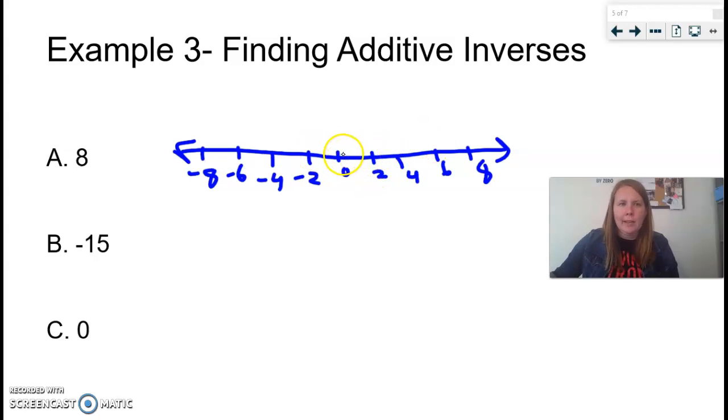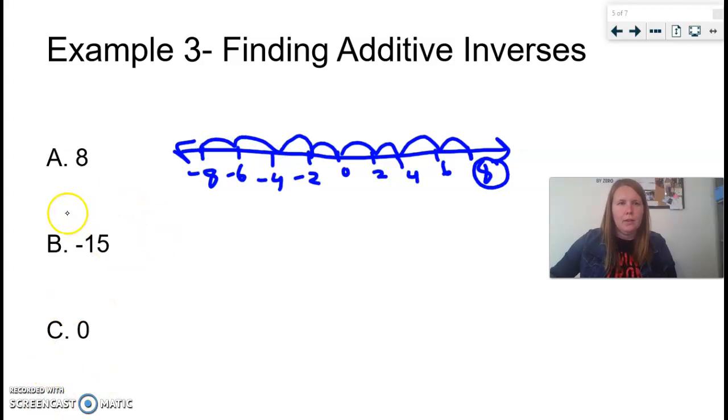Well, if I want to get to 8, which is 8 places away from 0 to the right, 2, 4, 6, 8, its opposite is also going to be 8 away from the 0, but to the left. 2, 4, 6, 8. So your additive inverse is -8.